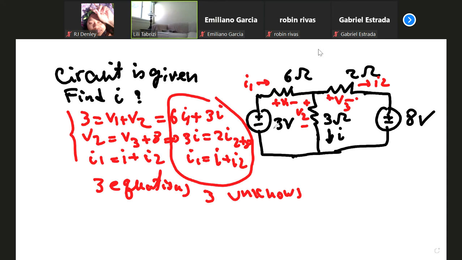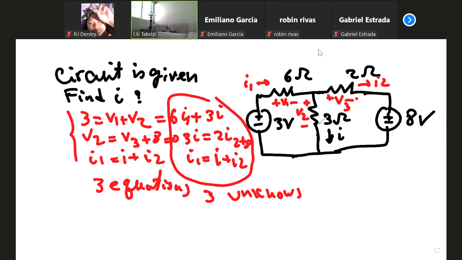Okay. Any question here? Now, the point of nodal, the shortcut methods that we are starting today, is I don't want to write 3 equations here. And notice in this case we only have 2 loops. We have many cases that have 4, 5 loops, maybe 5, 6 nodes, and then you end up with 5, 6, 7 equations, unknowns.